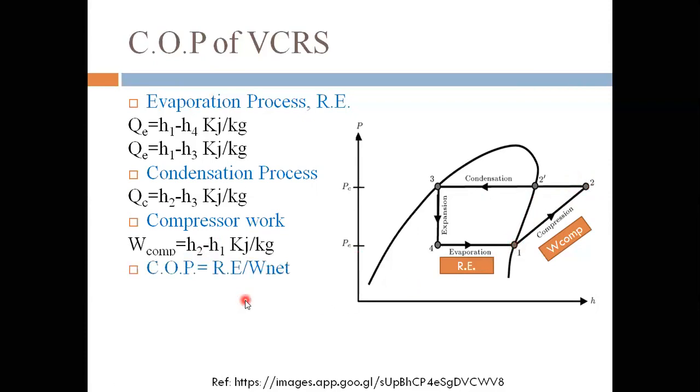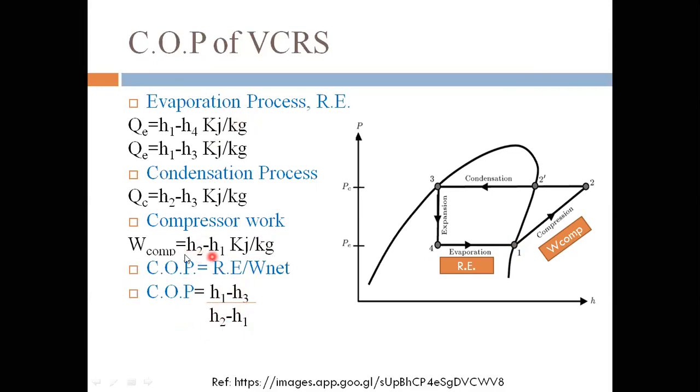Now, what is COP? As we already discussed in the earlier lecture, COP is equal to the refrigerating effect divided by W net. The refrigerating effect is from our evaporation process, that is H1 minus H3. And the W compressor is H2 minus H1.